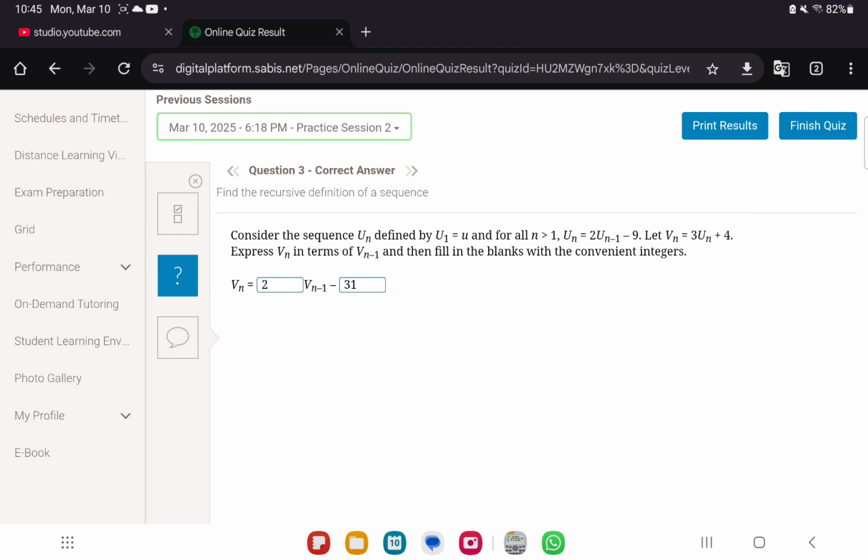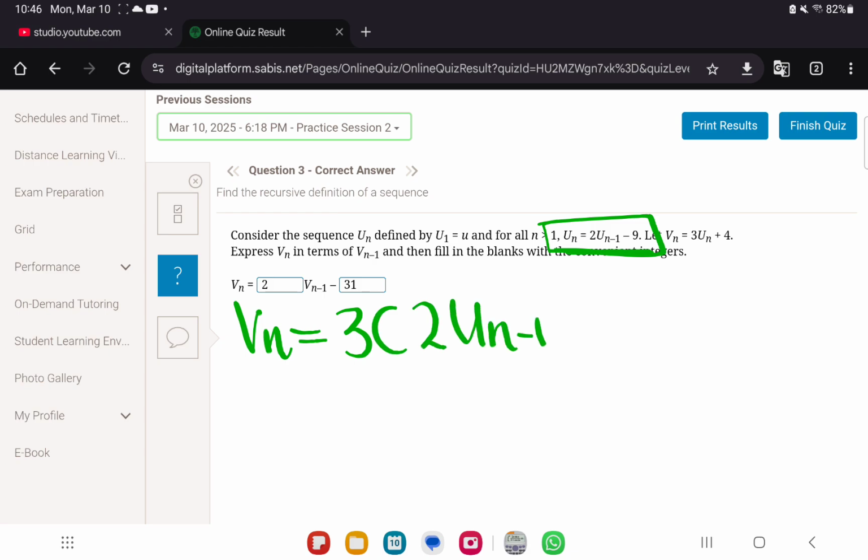Un is equal to this number, and because they want us to find Vn, we substitute, because they told you that Vn is equal to 3 Un plus 4. So substitute 3 times (2 Un minus 1 minus 9) plus 4.